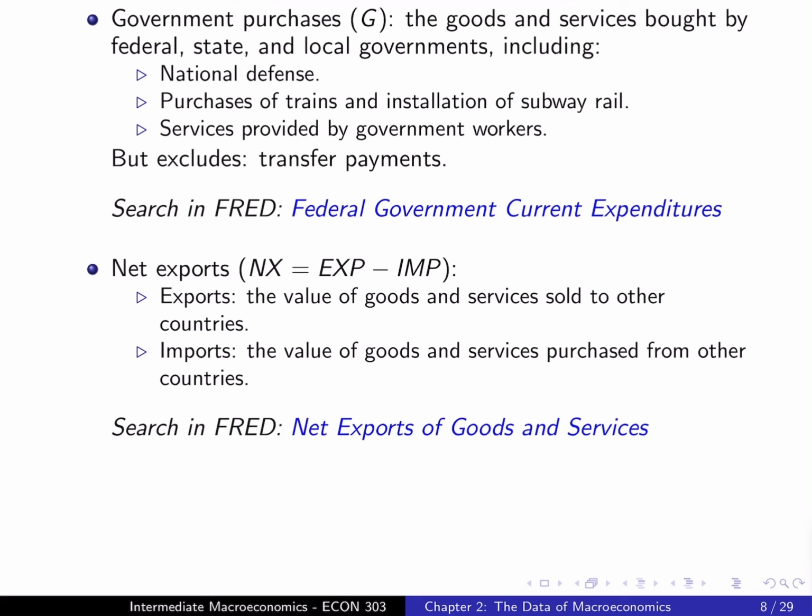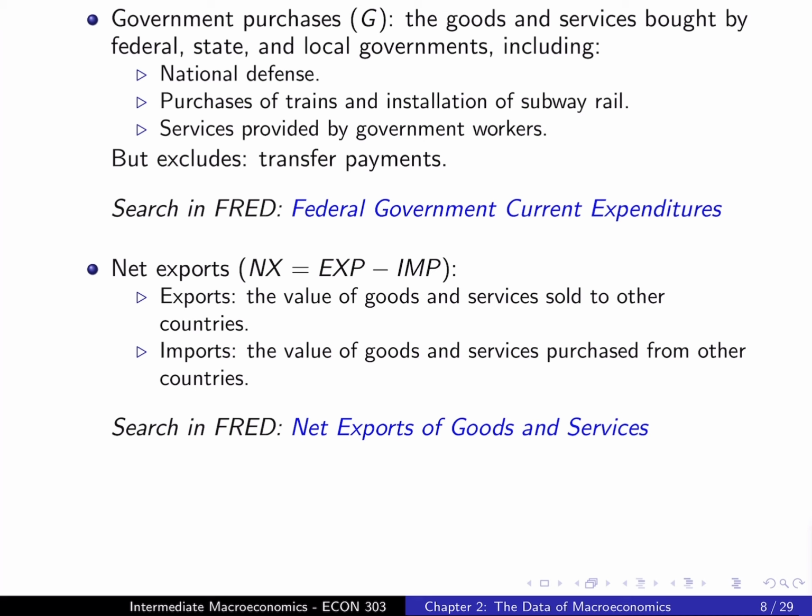Here we continue with the remaining two components of GDP. Government purchases, G, represents spending on goods and services by federal, state, and local governments. This includes national defense, infrastructure investments like trains and subway rail installation, and services provided by government employees, for example, public education and policing.